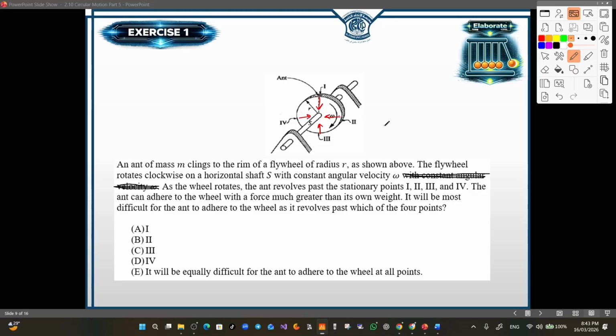The magnitude of that required centripetal force is given by Fc equals m omega squared r, since Fc equals mv squared over r, and v equals r times omega. Substituting this here, we get that the centripetal force is m r squared omega squared over r, with one r cancelled out, and we get this result.